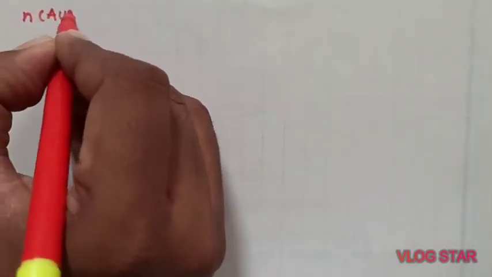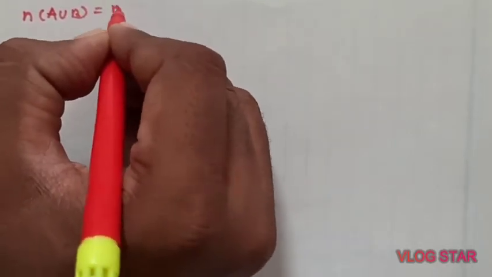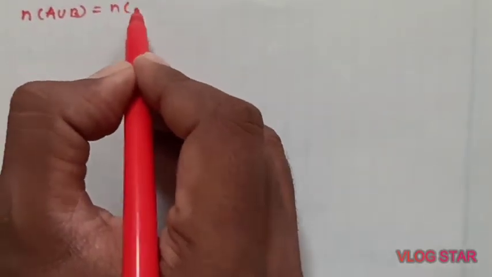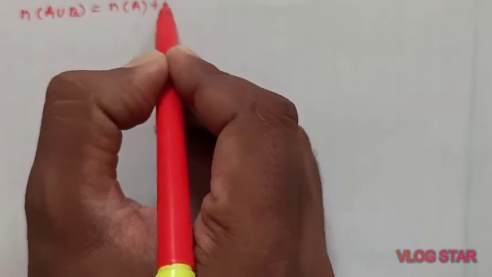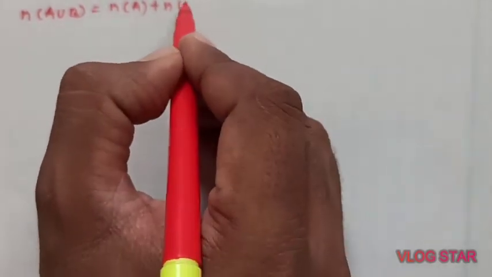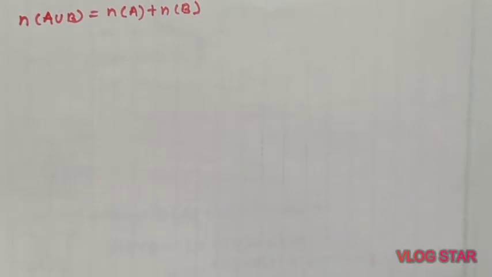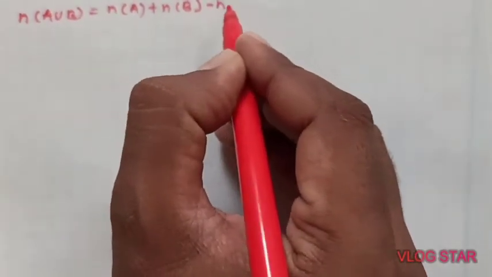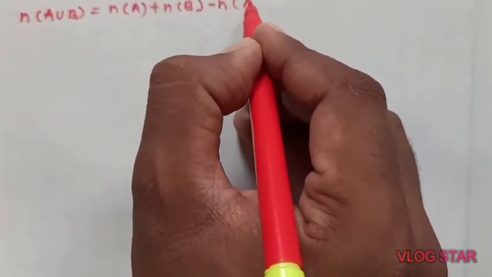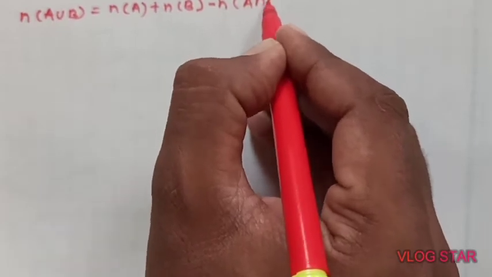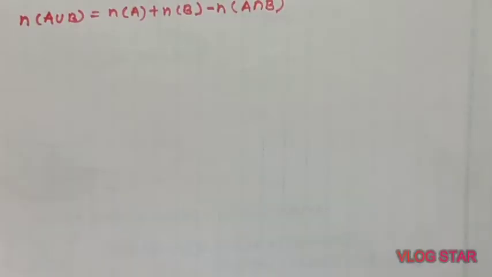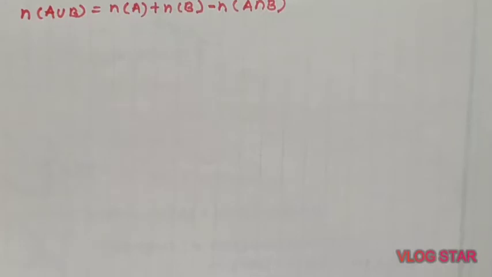As we have already studied, the number of elements in the union, that is the number of elements in A union B, is the number of elements in A plus the number of elements in B minus the number of elements in common. Common means A intersection B, isn't it?